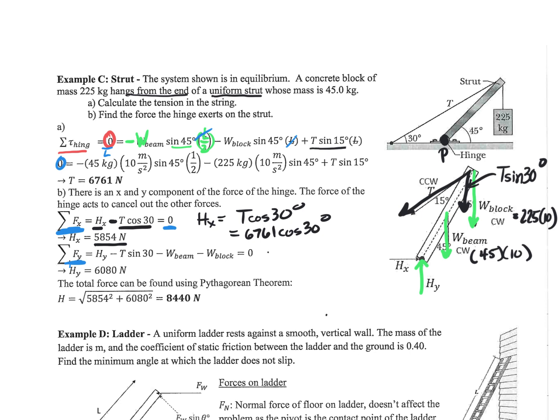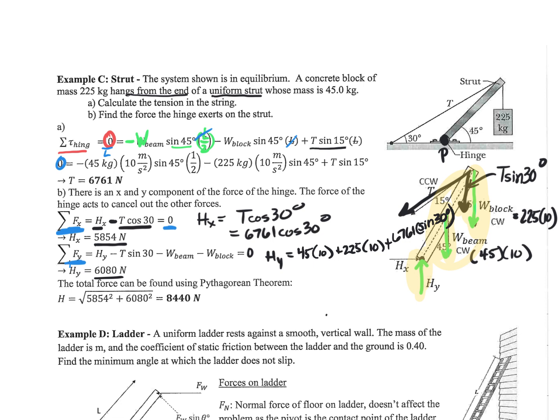H sub y, the reactive force, since this is all equal to 0, is really just these three right here added up, which makes sense if you think about it. So 45 times 10 plus 225 times 10 plus 6761 times the sine of 30 degrees. Okay? And you get 6080, approximately.